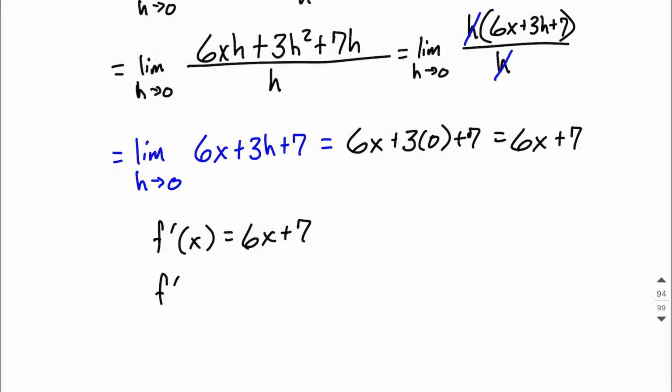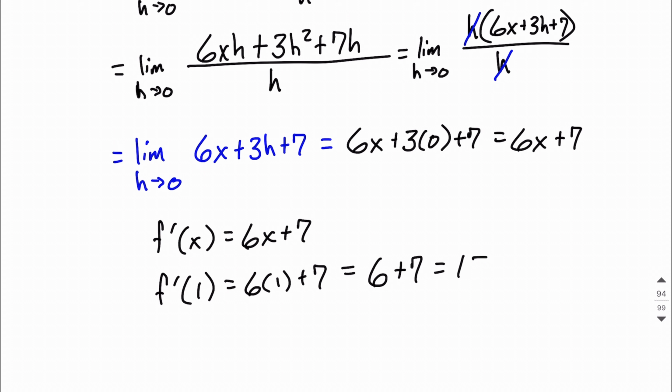We get f prime of 1 is 6 times 1 plus 7. It works out to be 6 plus 7, which is 13. And that's exactly what we're looking for, the instantaneous rate of change of this quadratic function at that specific value of x.